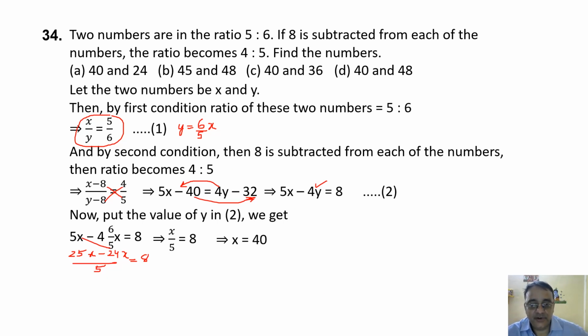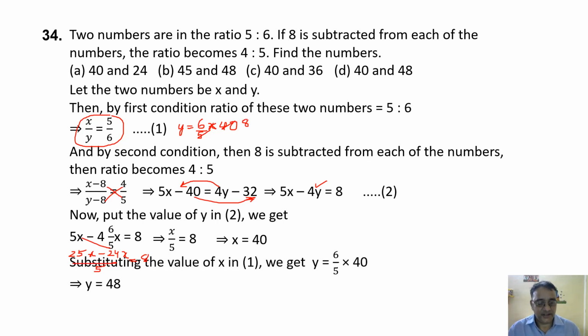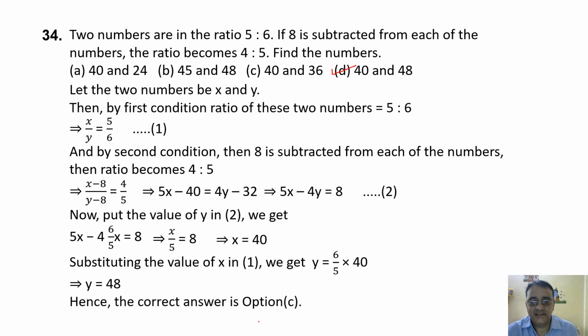If we substitute 40 here, what are we getting? y equal to 48. Very good. y is equal to 48. So which option is the correct one? Option B. Option B, or D, right? This is D, isn't it? 40 and 48. Okay, fine.